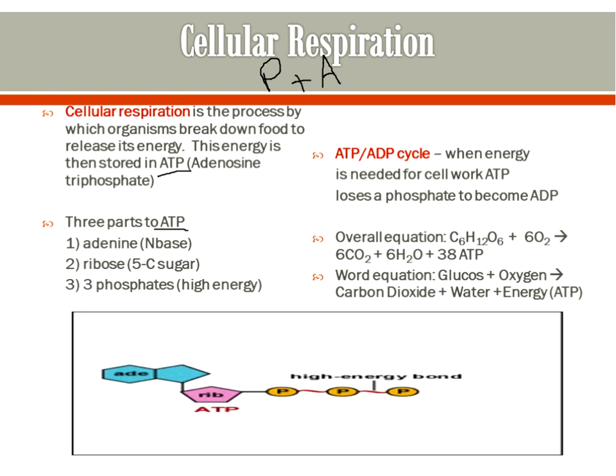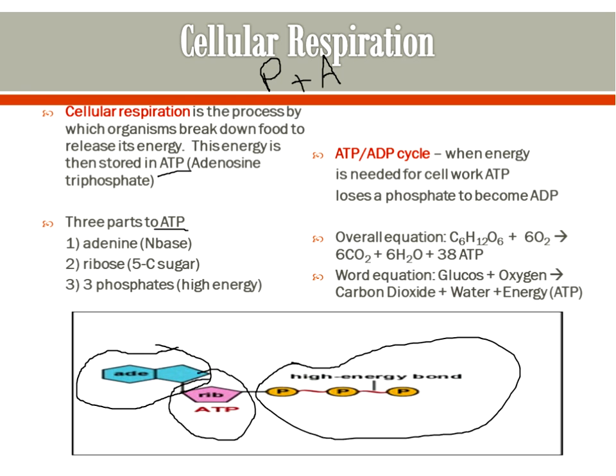Here's your adenine. Here's your ribose sugar. And here's your 3 phosphates. Here, here, and here. That right there, guys, is your unit of energy. Without that, you'd be dead. But you have ATP and plenty of ATP to give yourself energy. And how you make energy is by doing cellular respiration.